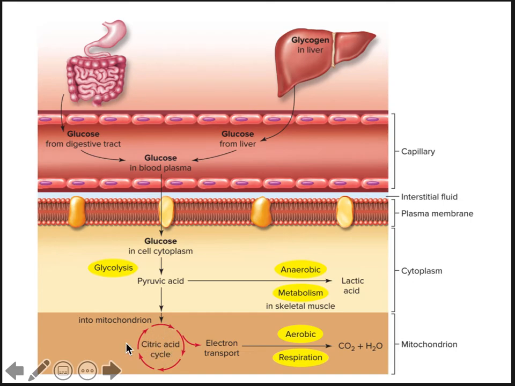And that's inside of the mitochondria, inside the matrix of the mitochondria. Then you go to the electron transport chain, and that goes into the inner membrane of the mitochondria, and that's where you complete and get the vast majority of the energy. Okay, so this is a nice visual.